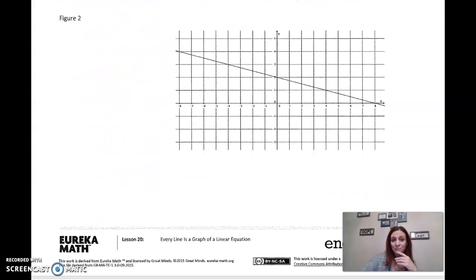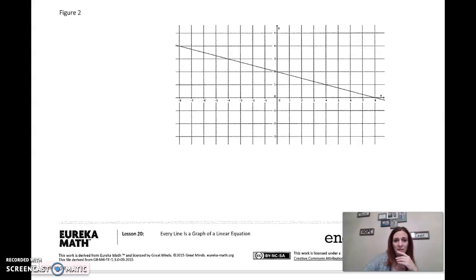Let's try another one. In this case, the first thing I'm going to notice about this graph is that it's declining from left to right. Now remember, I said we need two things. We need a slope and a y-intercept. Do not tell me the slope is negative.